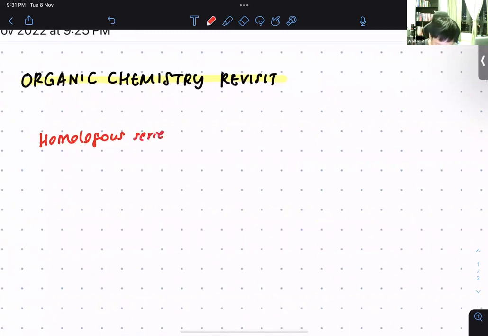In your syllabus, we have only 6 different types of homologous series, but only 5 of which we will focus more towards. For the homologous series, number 1, you have the alkanes. Then you have the alkenes.